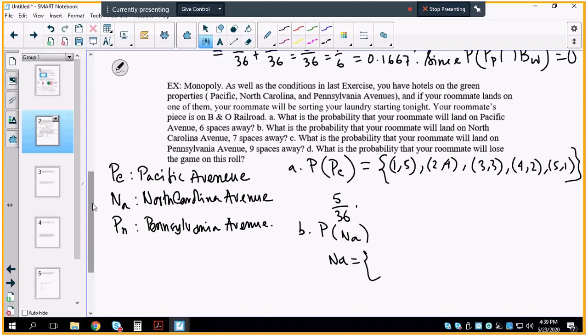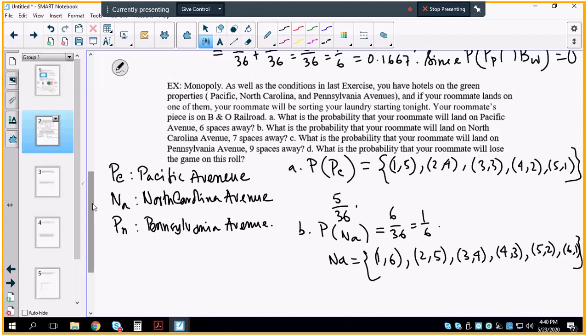And 7 can happen as you have the hand 1 and 6, 2 and 5, 3 and 4, 4 and 3, 5 and 2, and 6 and 1. And that's it. So this time you have 1, 2, 3, 4, 5, 6. So probability of North Carolina Avenue is going to be 6 over 36, which I can write as 1 over 6.